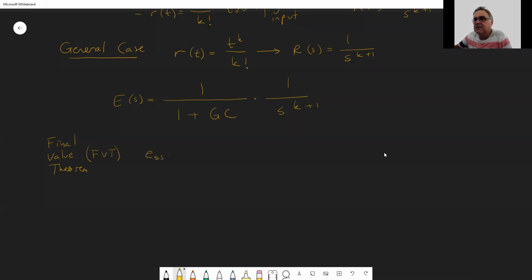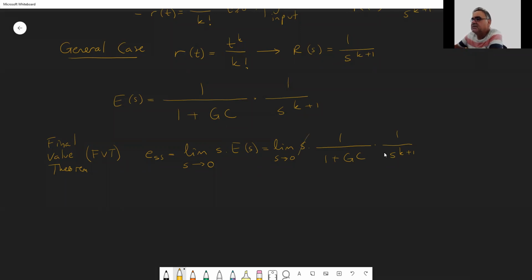The steady state error, which is the final value, can be found from the Laplace transform, which is S times E of S, which is the limit as S goes to 0 of S times 1 over 1 plus GC, times 1 over S to the K plus 1.